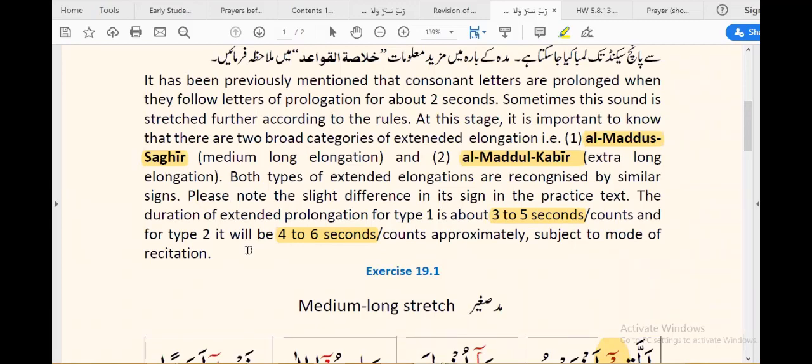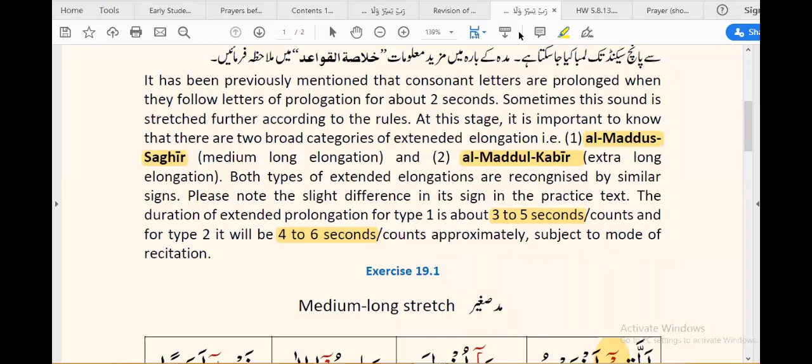It has been previously mentioned that consonant letters are prolonged when they follow letters of prolongation for about 2 seconds. Letters of prolongation are alif madda, waw madda, and ya madda. You've learned this in previous classes. Sometimes this sound is stretched further according to the rules.